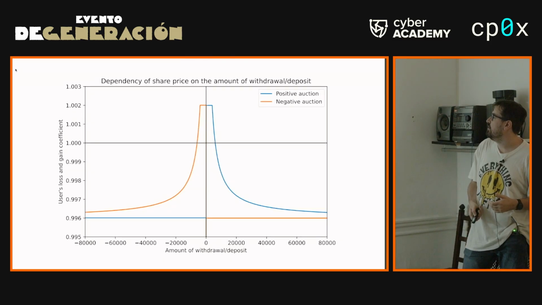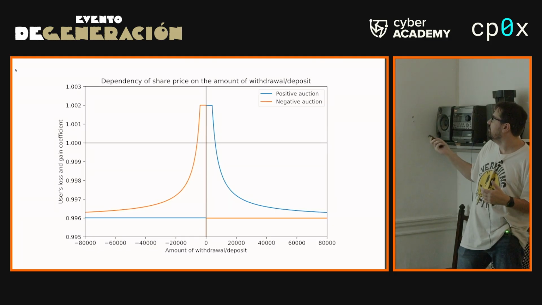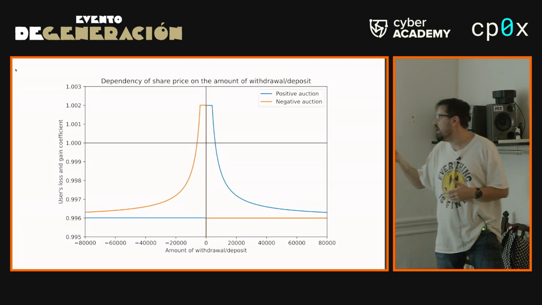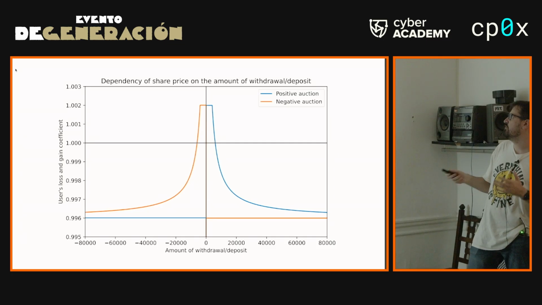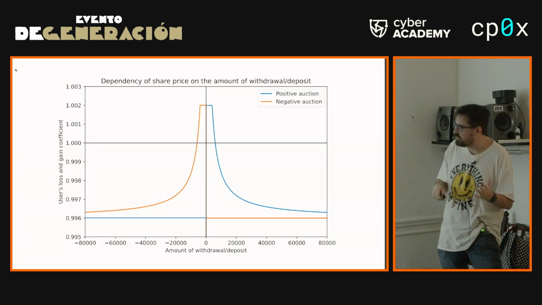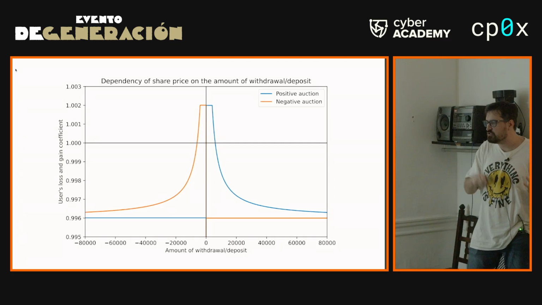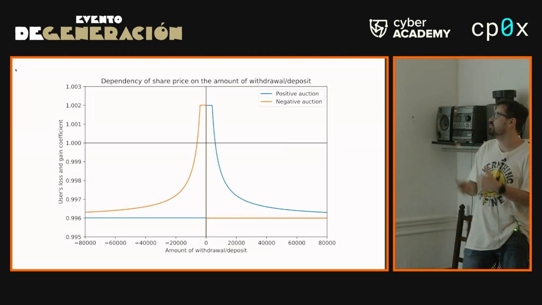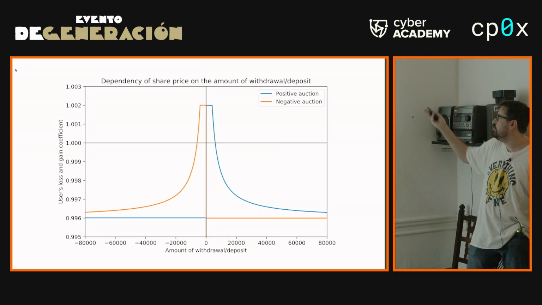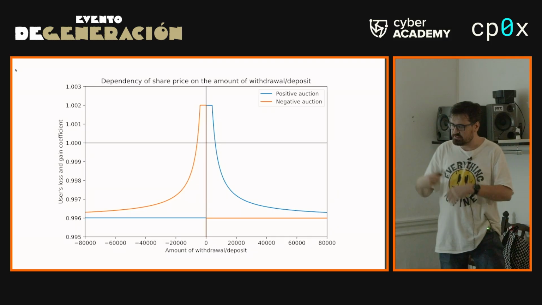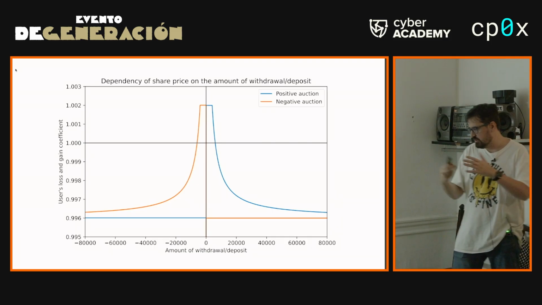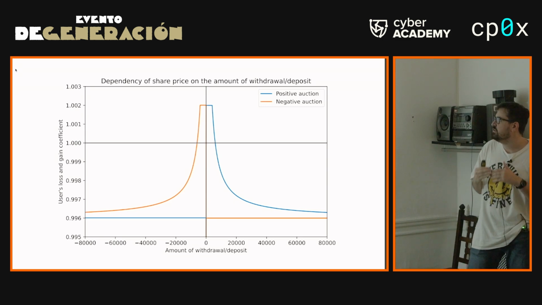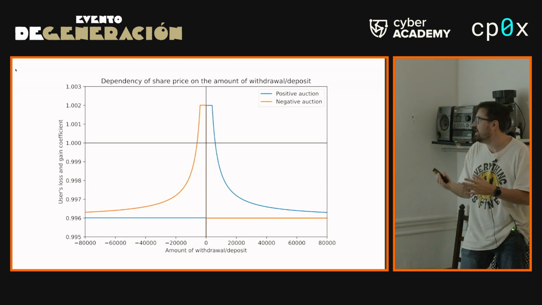So here is an example of how our price changes in a scenario where we have some open auction, positive or negative, for selling collateral for the borrow token or borrow token for the collateral token. Here you can see that if you are doing something that puts the vault in a better condition, you will be incentivized.